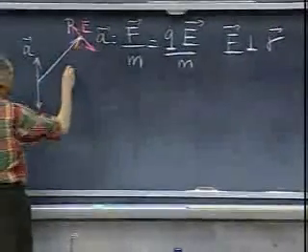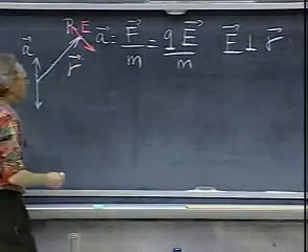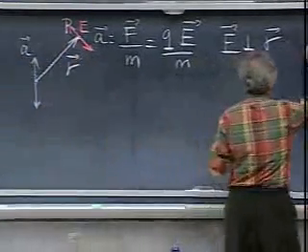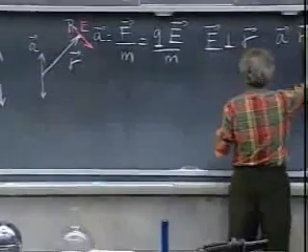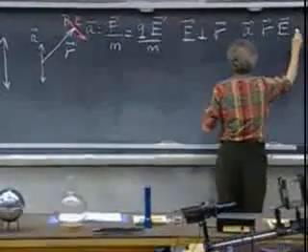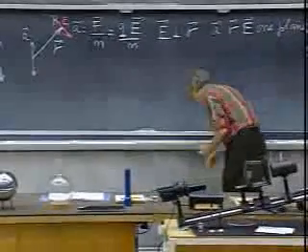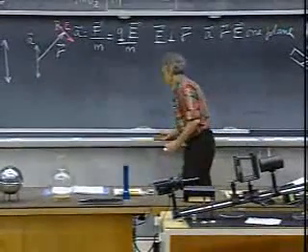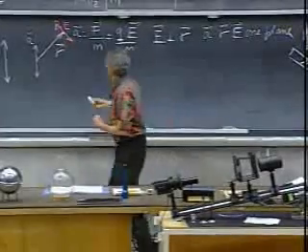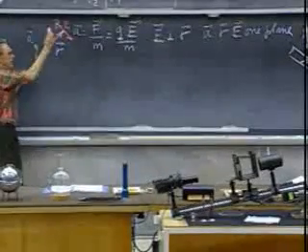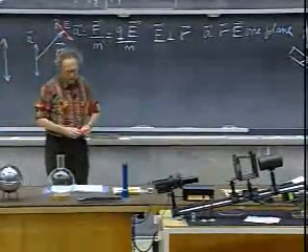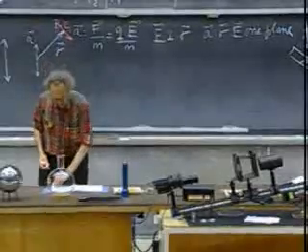I call this the position vector R. And the second rule is that A, R, and E are in one plane. And that happens to be, in this case, the plane of my blackboard. But of course, that doesn't have to be the plane of the blackboard, because I can choose my point P in space here, and these rules still apply.